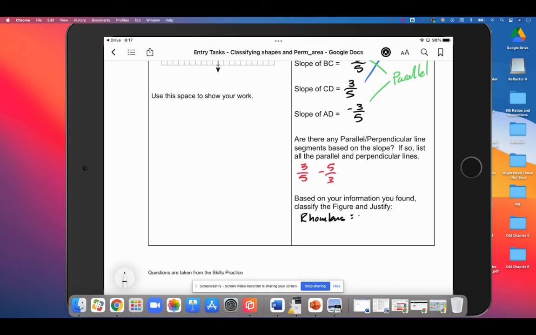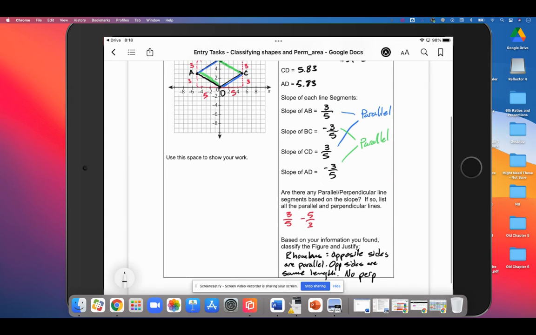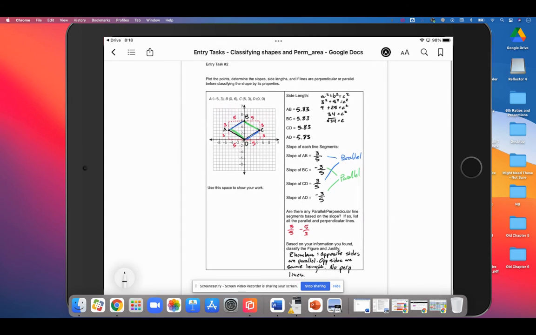Because I have opposite sides are parallel, and opposite sides are the same length. And I have no perpendicular lines. So it's not a square. That makes this figure a rhombus.